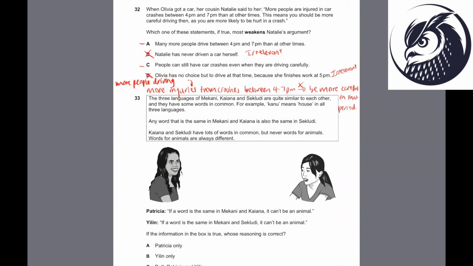It doesn't matter if you are more careful. It's simply because of the higher volume, right? So that is definitely the strongest option because it makes Natalie's argument completely irrelevant. Therefore, we should go with A in this particular case. In option C, it does address the fact that you can still have car crashes when you are driving carefully, but it doesn't make her argument completely irrelevant. It just weakens it slightly. So that's why A is a better option.